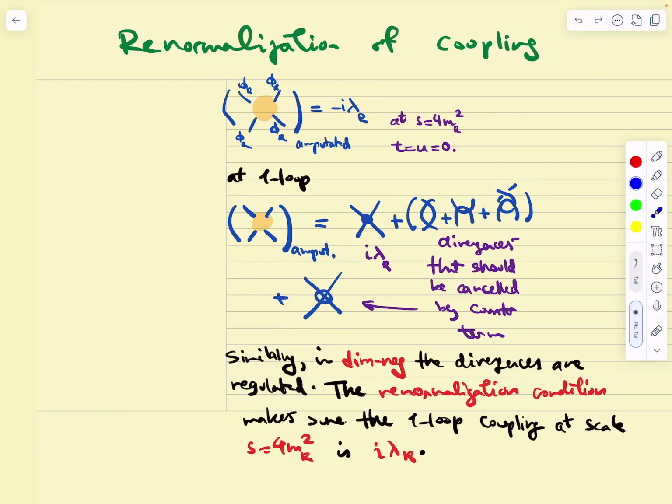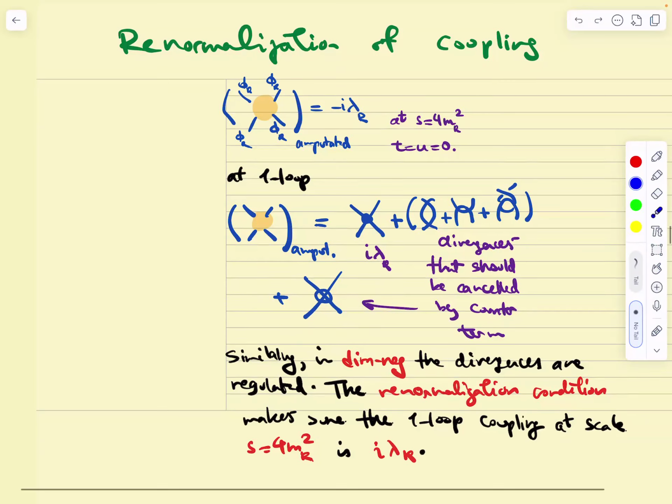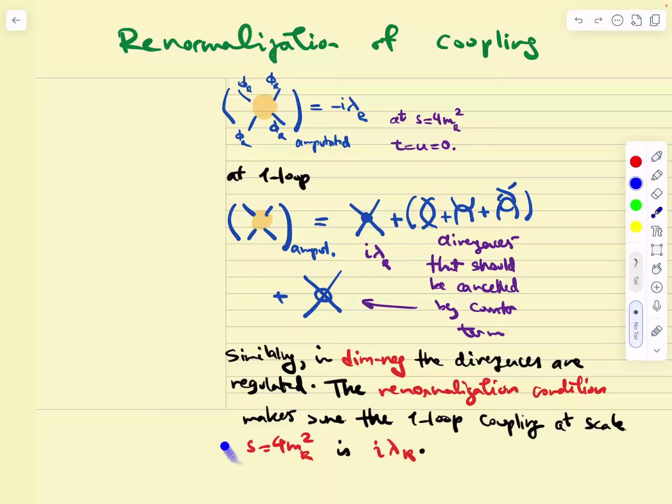So we're going to use dim reg to renormalize this at some center of mass S equal 4 m_R squared. Why 4 m_R squared? What is S? It's the on shell value. What is S?